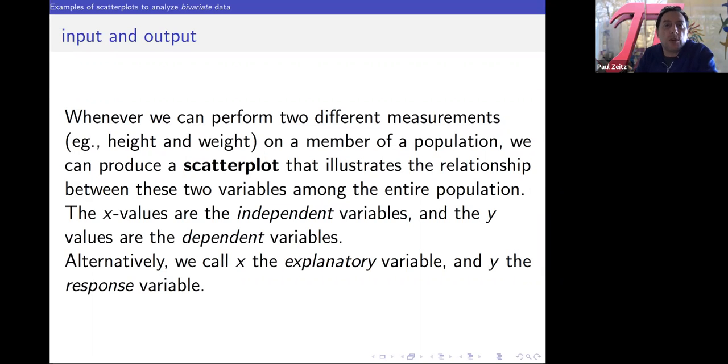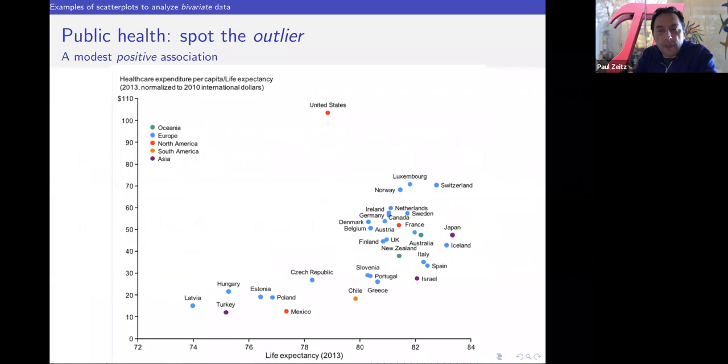And sometimes we'll call the X value the explainer and the Y value the response. And you'll see why. So I spent about 10 minutes just finding things online, to get a variety, and then I built some examples of my own, because I wanted you to see some real data. This is a good example of a scatter plot that also uses color to indicate some things.